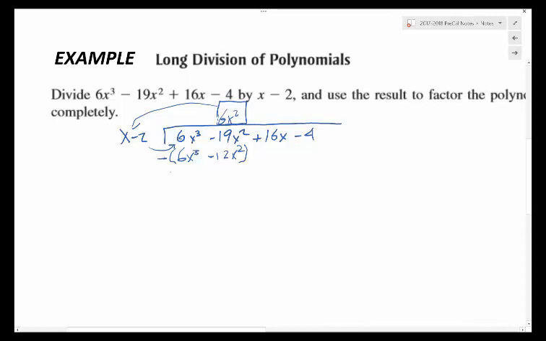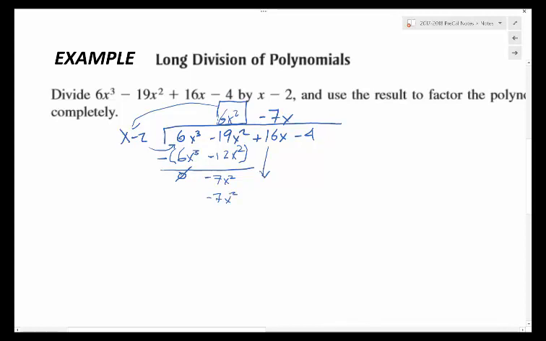6 minus 6 is 0. Now, negative 19 minus negative 12 becomes negative 19 plus 12, which gives me negative 7x squared. Now I want something that times x will give me negative 7x squared. So I'm going to go minus 7x. Multiply it through, I get negative 7x squared.